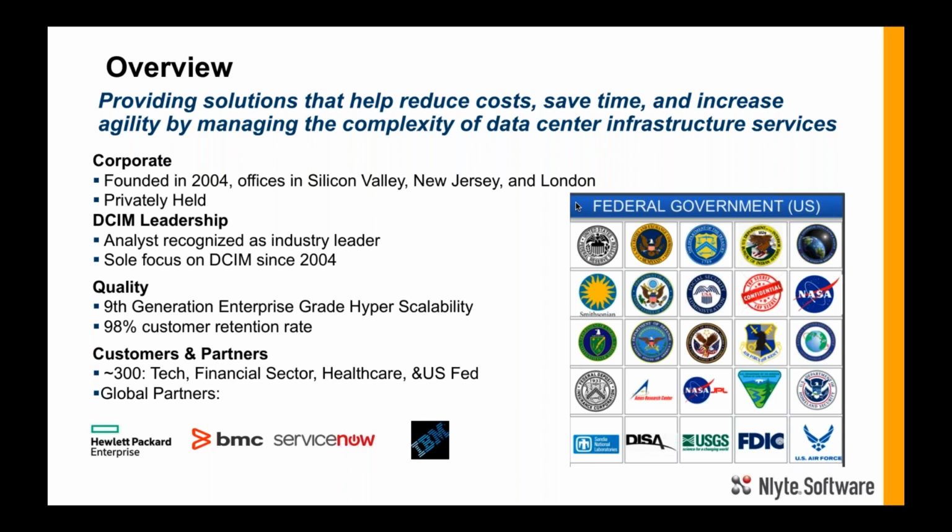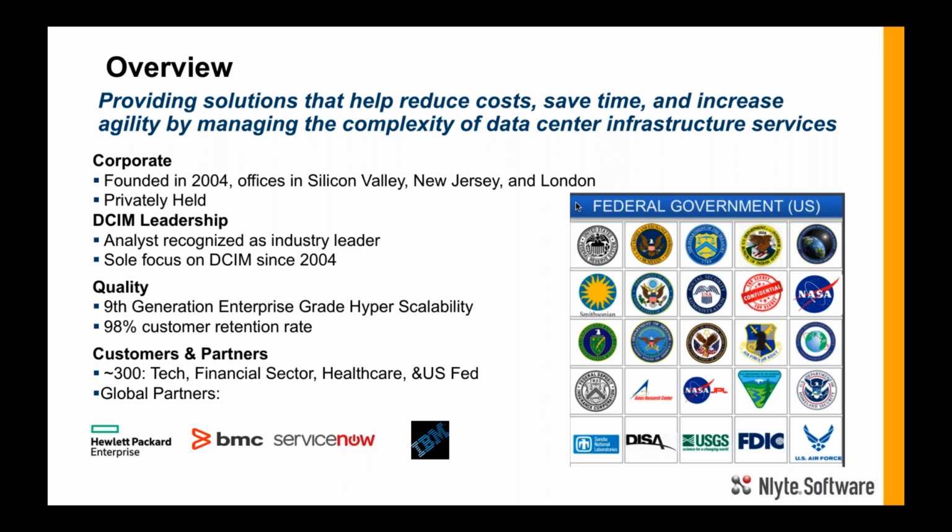And as a result, we are on the 9th generation of our technology. We have over 300 customers who use us, and we have a 98% customer retention rate with those customers, which is unheard of in the software industry. Our customers vary across a wide variety of industries: high-tech, financial services, healthcare, a wide range.